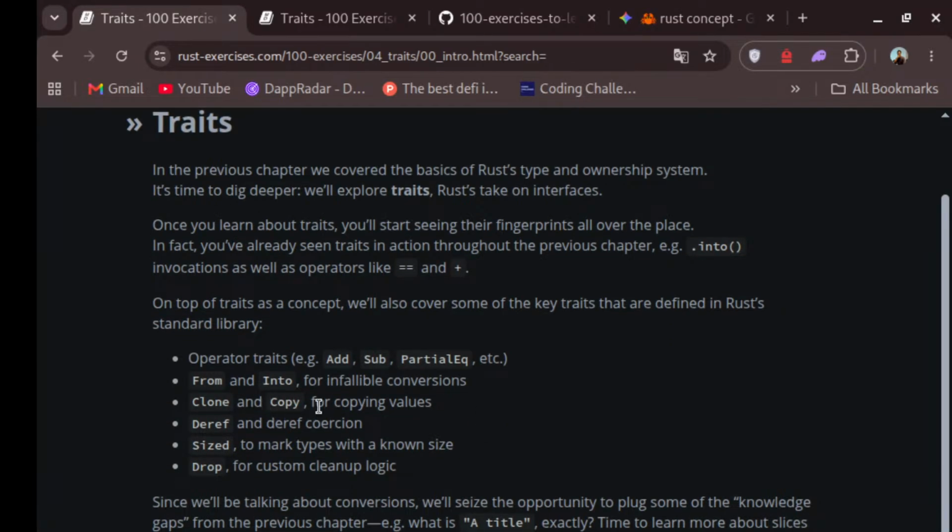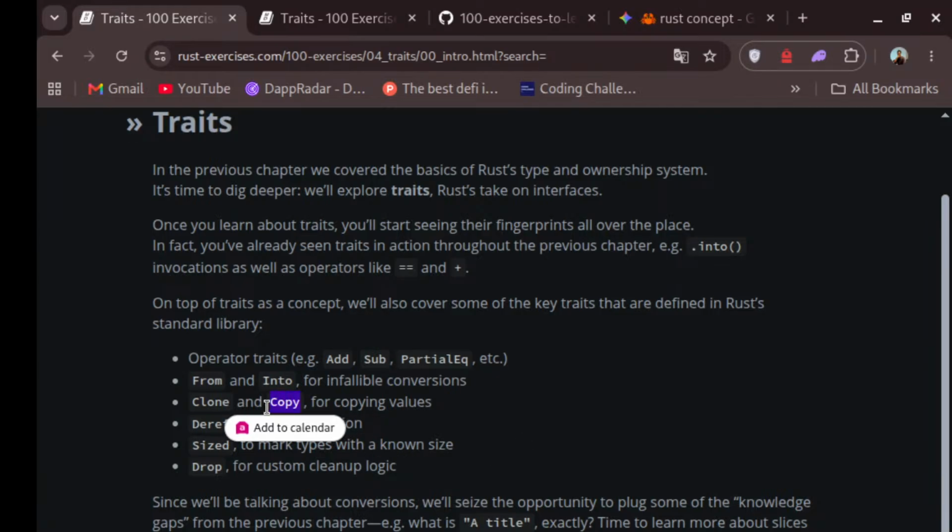Copy and Clone. Copy is easy to understand, that means a copy of the variable or something. And Clone, if we saw that, I am thinking, Copy and Clone, why do they give two traits?